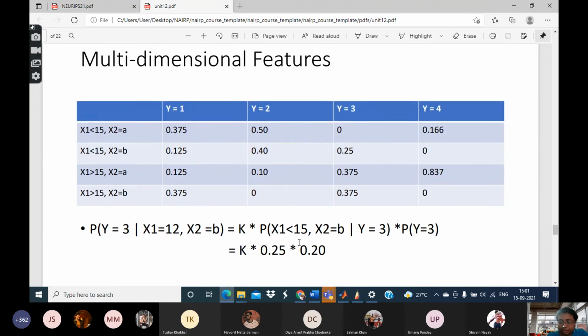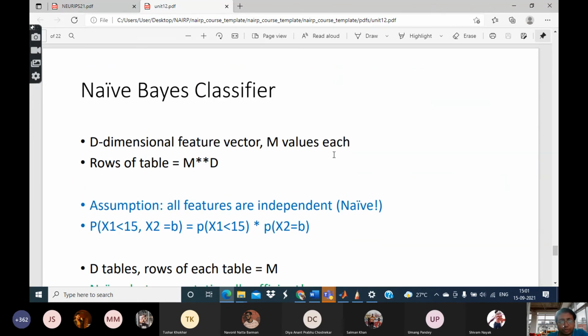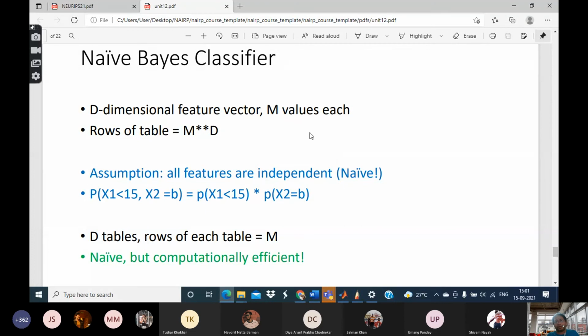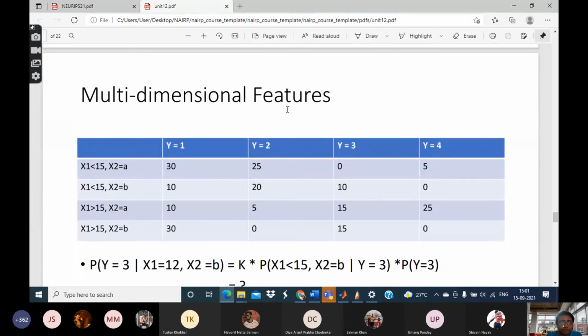As you can see, it has been worked out for you also in these sheets. For the lack of time I'm not going into it, but the important feature to note here is that if there are d-dimensional features and each feature takes m values, what happens to the table size?